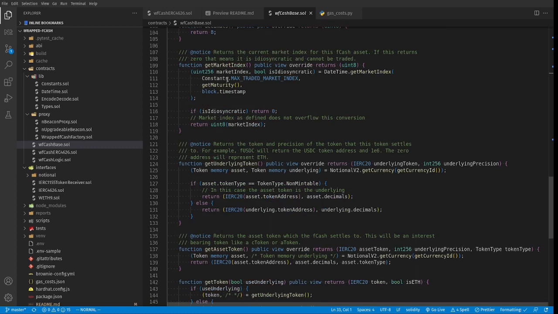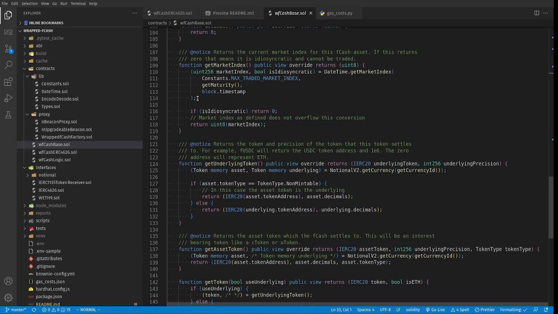So here we're getting the market index. So the market index refers to the corresponding fCash market, where fCash can be bought and sold or lent and borrowed, corresponding to the current date. This is a little bit more complicated to explain, so we won't do it here. But essentially, you may have fCash maturing in 6 months.